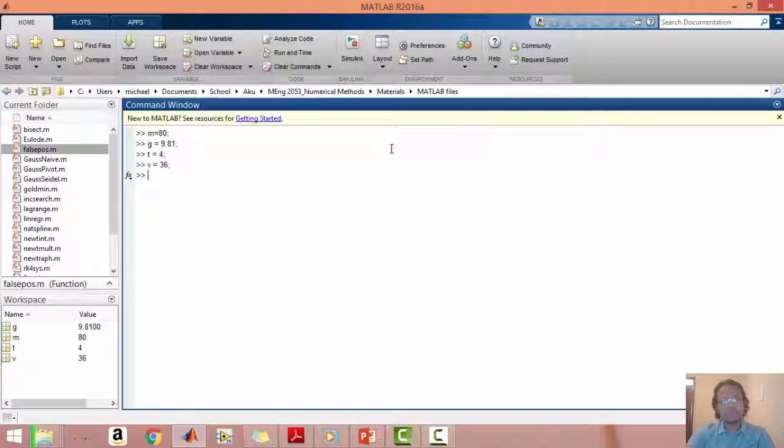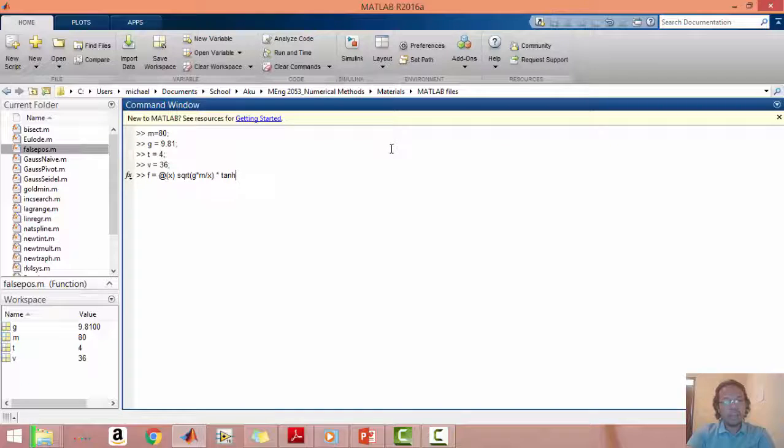Let's just say f. We will make an anonymous function equal to at x. Assuming that the coefficient of drag is equal to x, and then we will write the equation. So the equation, if you remember, is the square root of g times m over x, times the hyperbolic tangent of the function. How do you do this one?